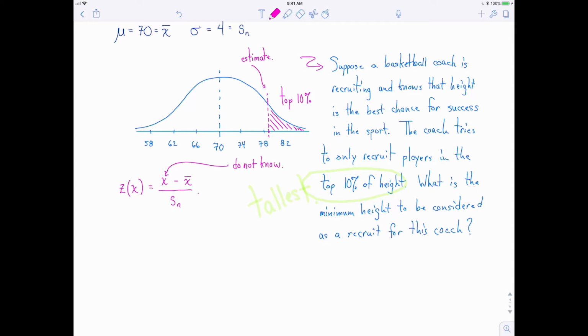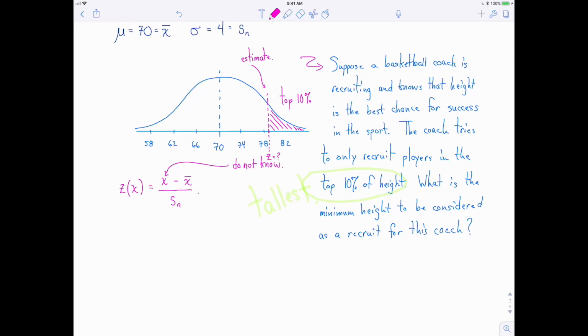But that's our goal, because that'll tell us the minimum height. Now, let's look at our picture. We want players in that pink area. So we first need to find a z-score that would get us to right there. That's the z-score that we need to find.